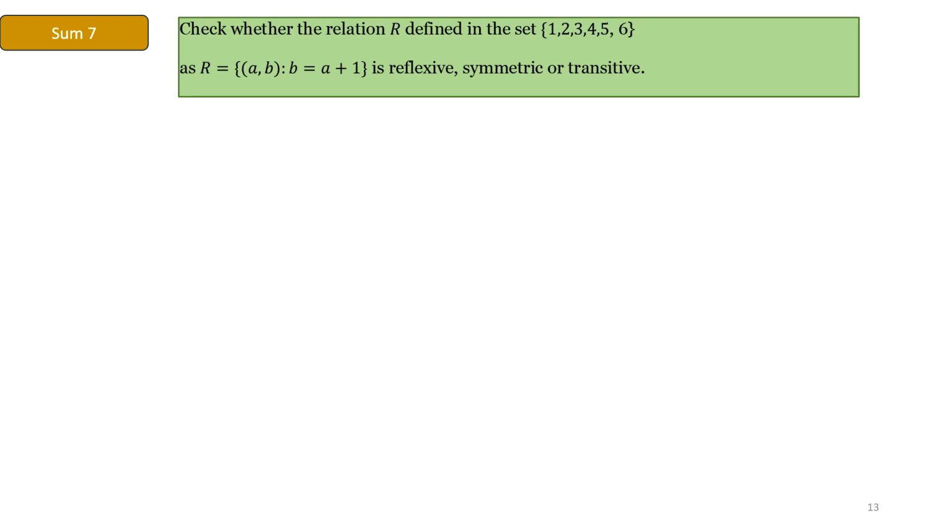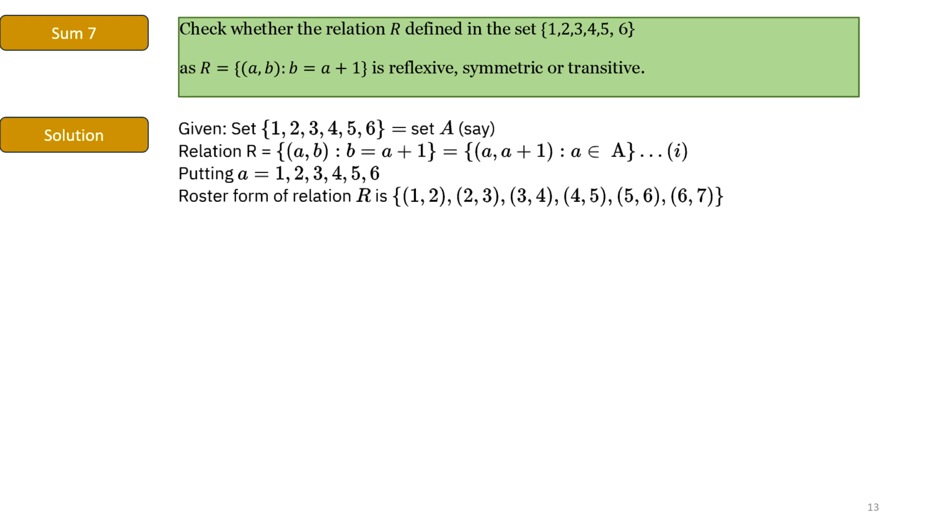Check whether the relation R defined in the given set, where (a, b) is in R and b is equal to a plus 1, is reflexive, symmetric, or transitive. From the roster form of the relation R, we see that (1, 1) and (2, 2) are not in R, and hence R is not reflexive.